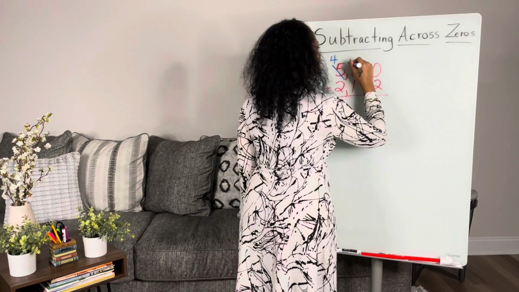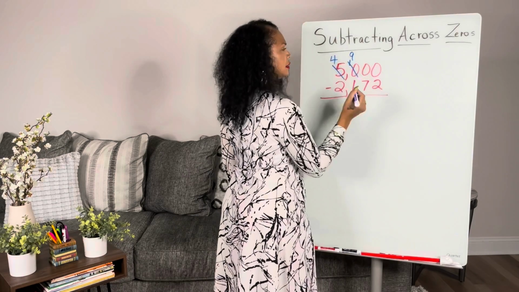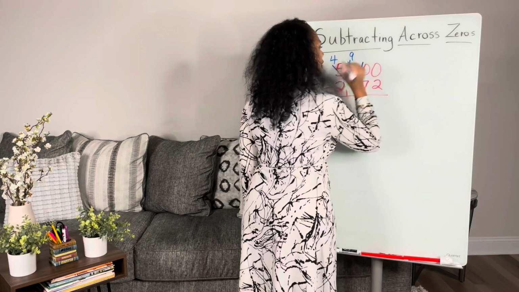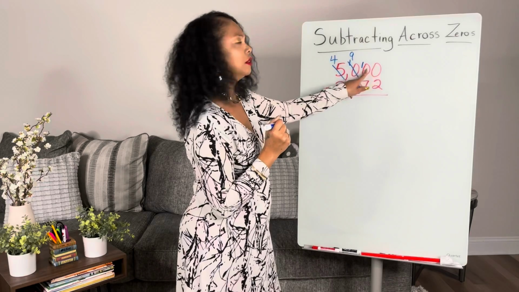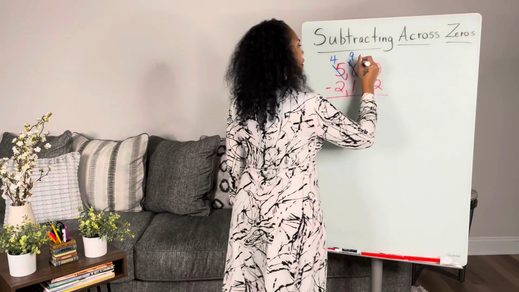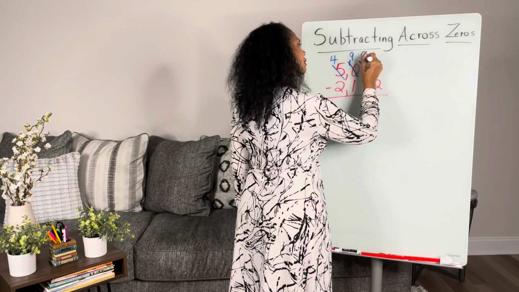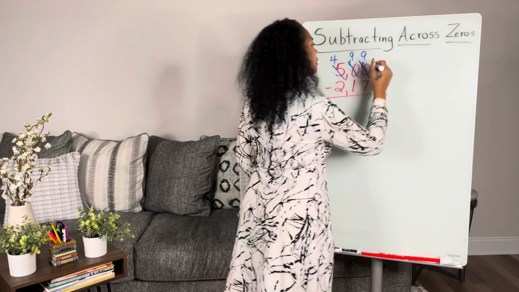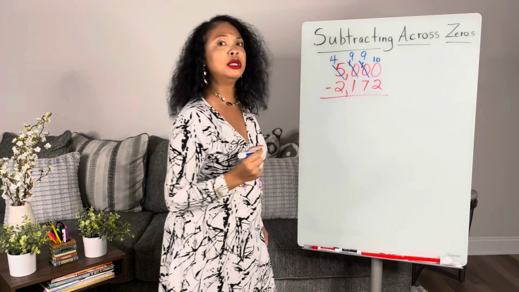We are going to borrow 10 from here. That becomes 9. And now we have 10. But this 0 is borrowing from over here, from this 10. And that becomes 9. And now this is 10. Can we subtract now?